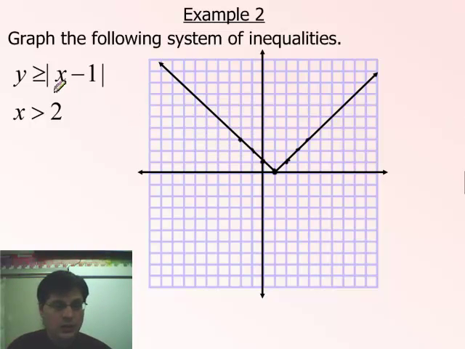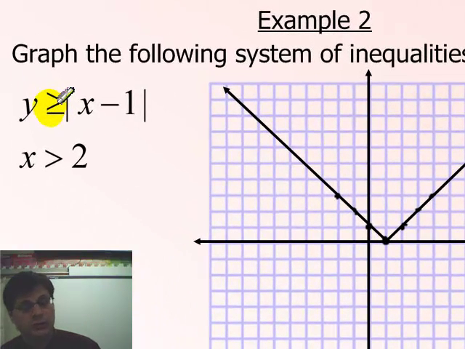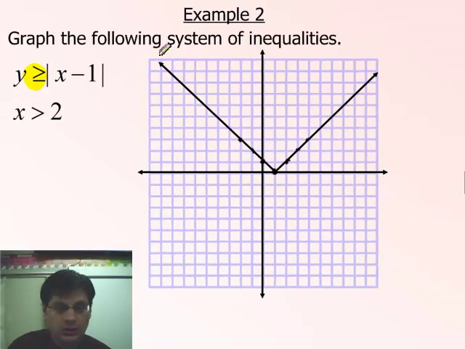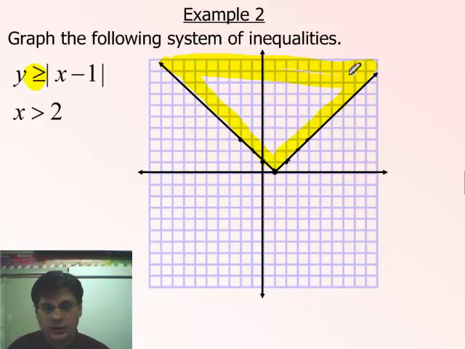Well, it says that y is greater than or equal to. So we ask ourselves, which direction is y greater than? And that's up. So we shade above the function. So that's going to be everything above it. So that's going to be all of this here.